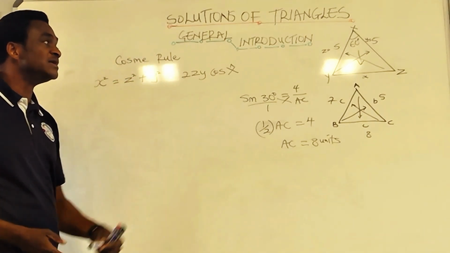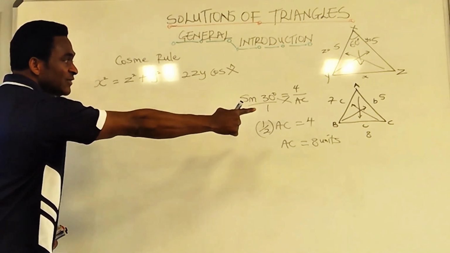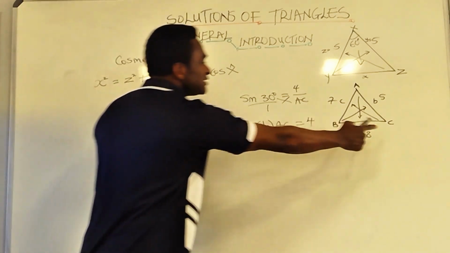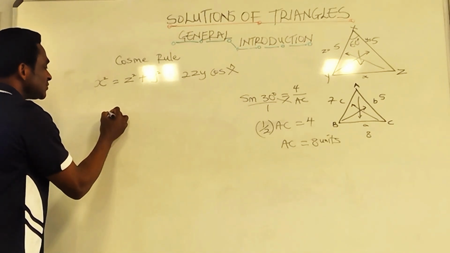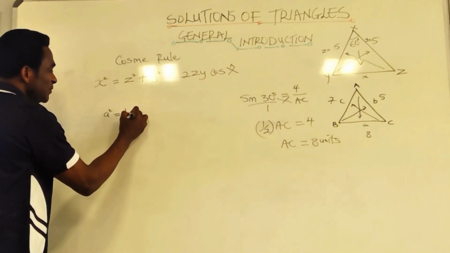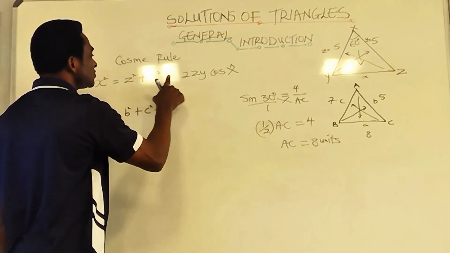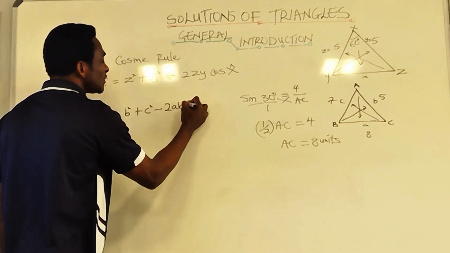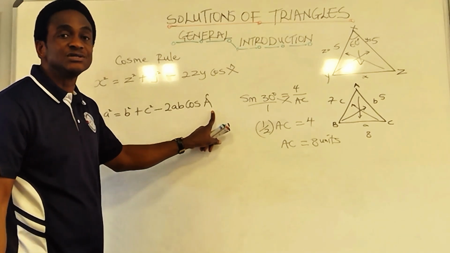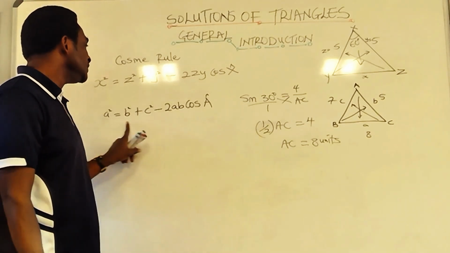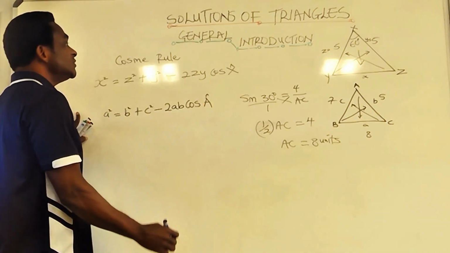It is the same approach we can use here for what we have. This is our C, this is our A, sorry. So we can still use A squared equals B squared plus C squared minus 2AB cos of A, if that is the angle in question that we are looking for. This way, we can also get the angle using the cosine rule.